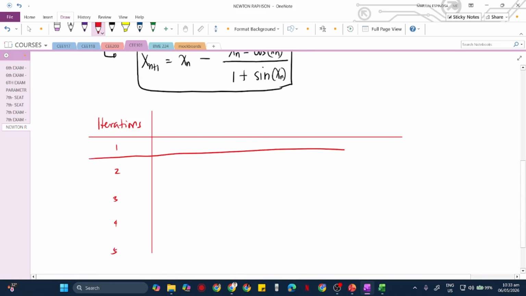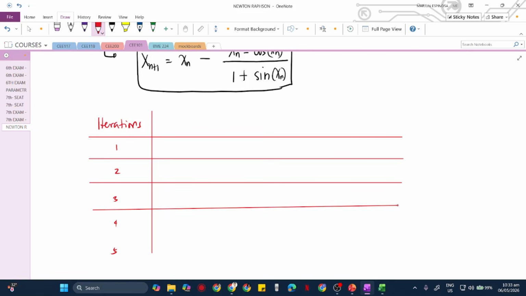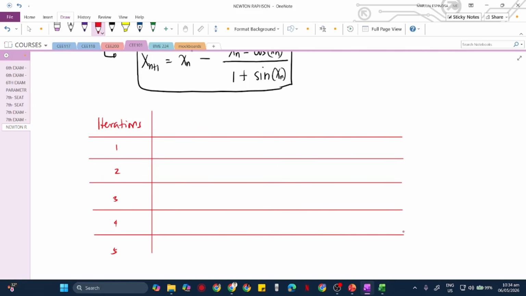Tama ba? Gawa din kayo ng line dito. Tsaka, ito. Last one. Okay, ganyan, no? Dito, lagay kayo ng x sub n.